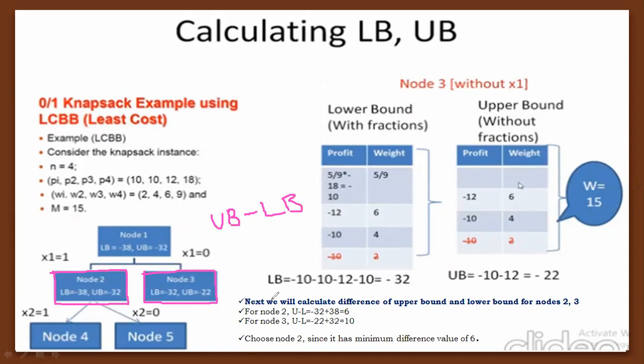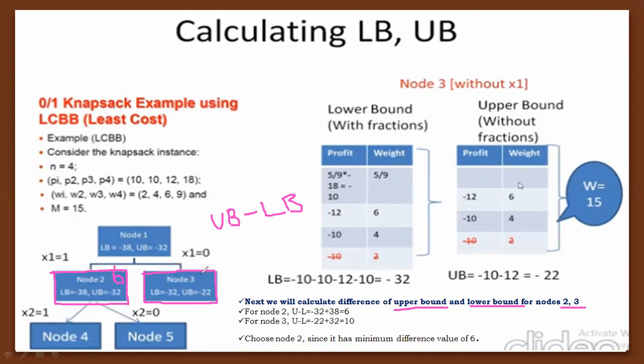Now we will calculate the difference of upper bound and lower bound for node 2 and node 3, that is UB minus LB. For node 2, the difference is 6 here.